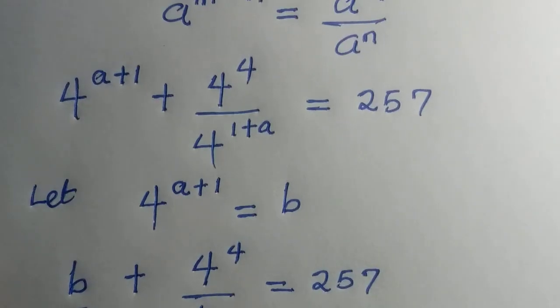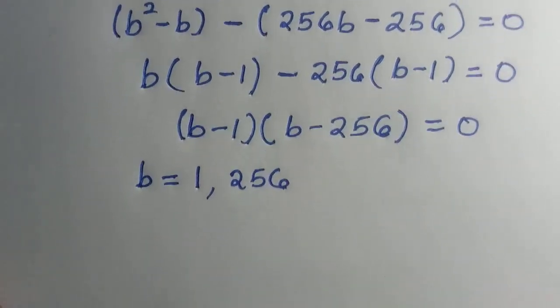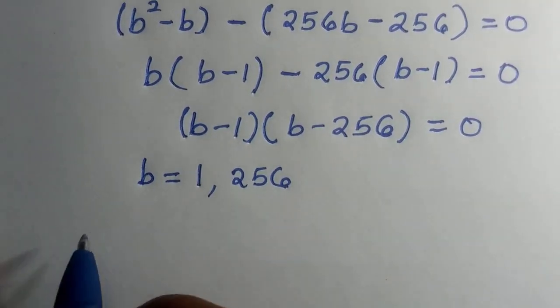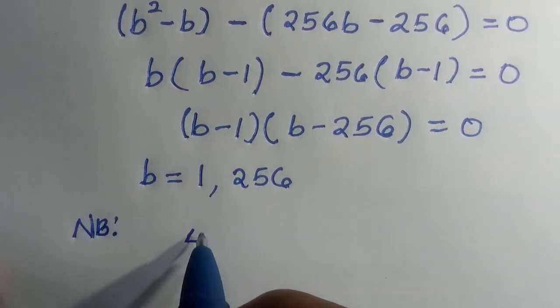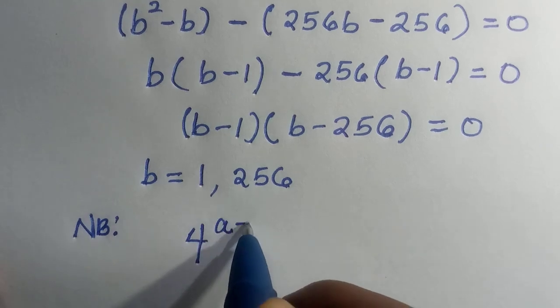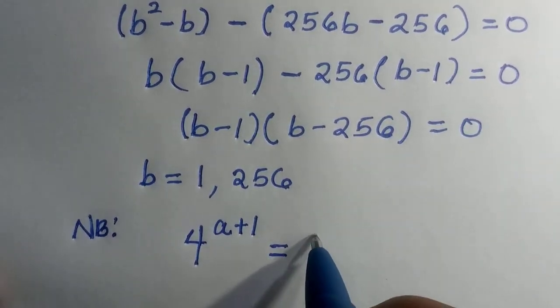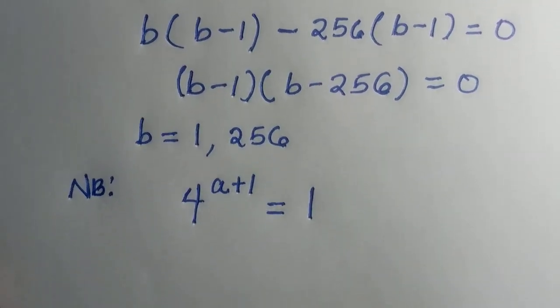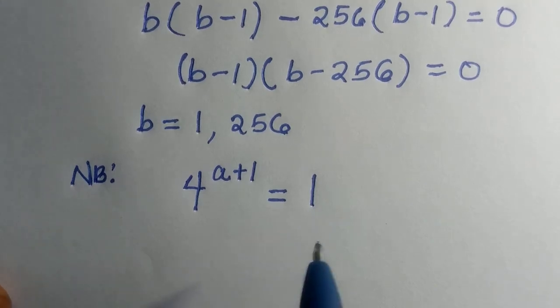And when we recall from where we learned 4 to the power of a plus 1 equals b, at b equals 1, we note that 4 to the power of a plus 1 equals 1. Any number raised to the power of 0 equals 1.